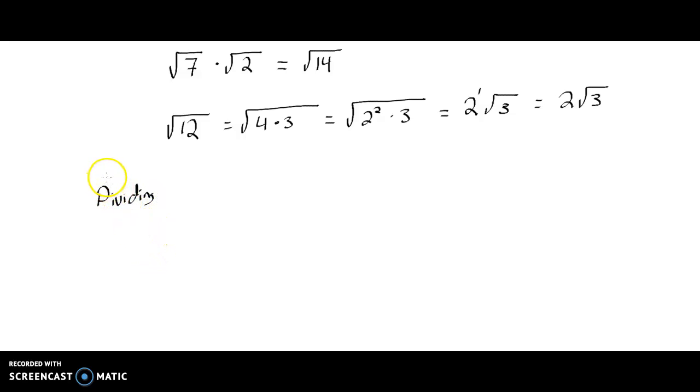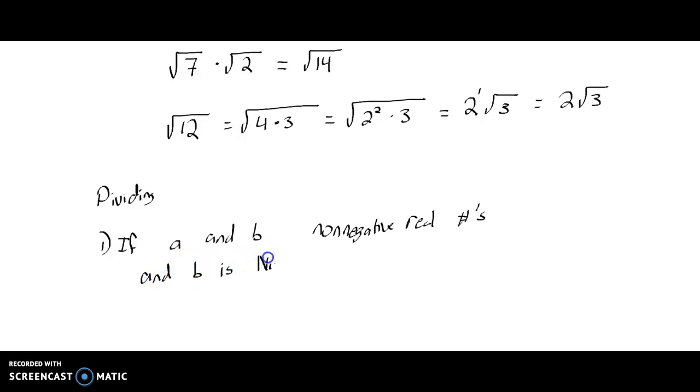The first thing is that if A and B are again non-negative real numbers, and B is not equal to 0, then when we have the square root of A over B, we can just break that into the square root of A over the square root of B, and we can manipulate it from there.